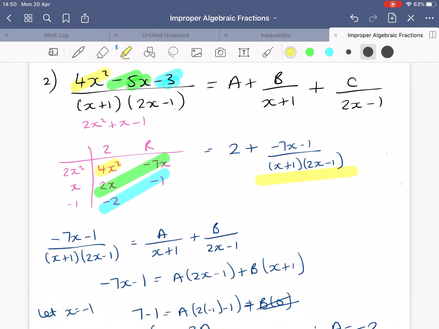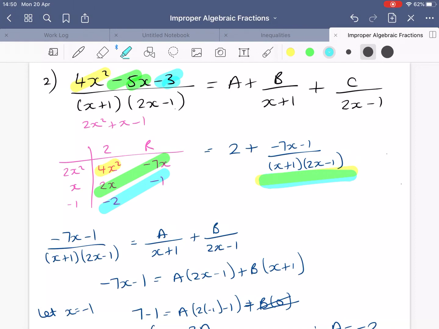Right, number 2. Again, you've got a quadratic over a quadratic, so it's a fairly straightforward division. And the remainder that you should have got was minus 7x minus 1. Now, I must admit, I do tend to write this like this, where I'd still leave it as an add, and I just make my numerator wherever it needs to be.